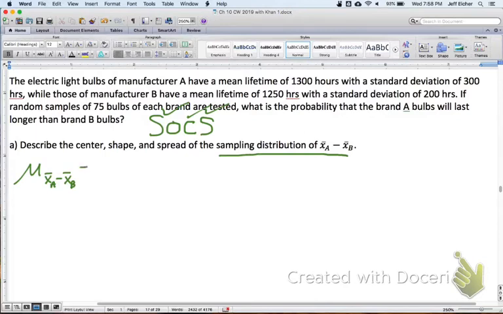So this equals the mean of A minus the mean of B. The mean of A was 1,300 hours and the mean of B was 1,250 hours. So on average, the light bulbs from A last 50 hours longer than the light bulbs from B. So our center is 50.